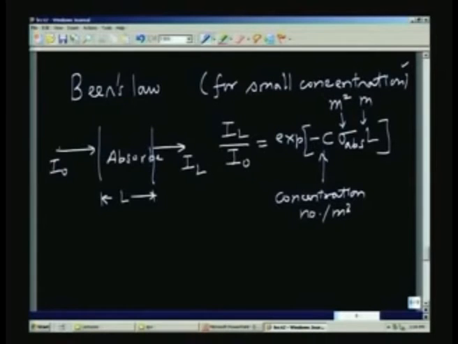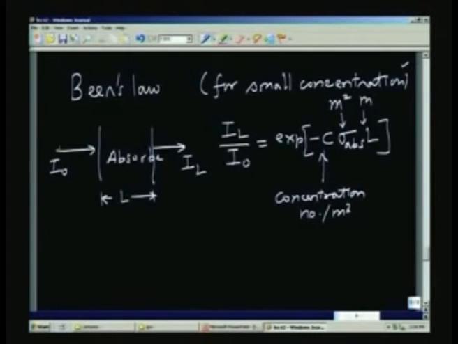For example, if you remember, I talked about lambda on and lambda off. Lambda on is the wavelength or frequency at which the light will be absorbed by the particular gas I am interested in. It may be water vapor, for example, or carbon monoxide, carbon dioxide, any of the gases of interest.